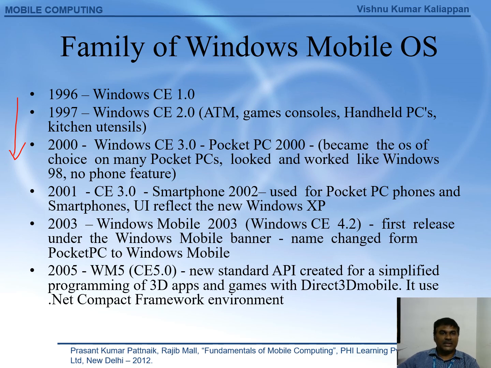It started in 1996 with version 1.0, and in the year 2005 they started WM, that is Windows Mobile version 5, or CE Compact Edition 5.0.